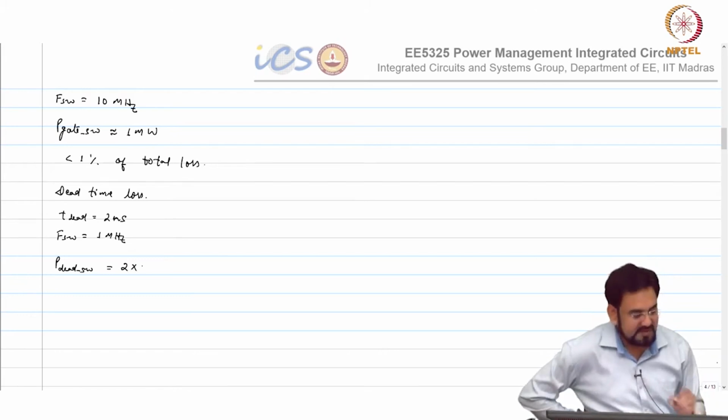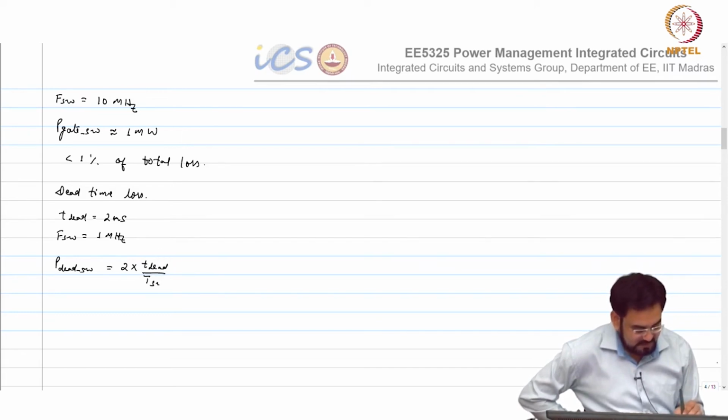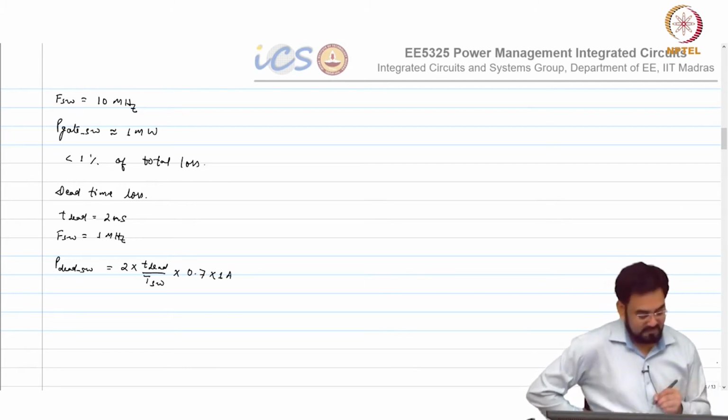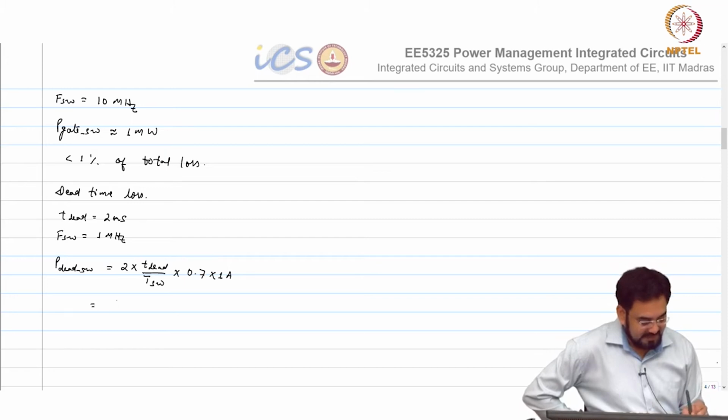So twice into T dead over TSW into 0.7 into 1 amp. So T dead is 2 nanosecond, twice divided by 1 microsecond into 0.7. How much is this?